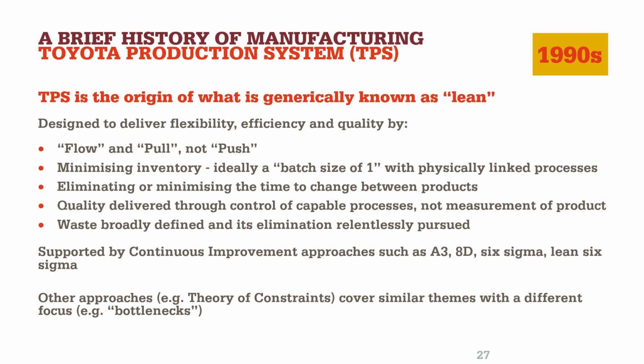And underneath that, people started identifying processes such as A3 thinking, invented things called 8D, and from there we evolved Six Sigma, Lean Six Sigma, other approaches like theory of constraints, covering similar themes but perhaps with a slightly different focus, in that case eliminating bottlenecks.